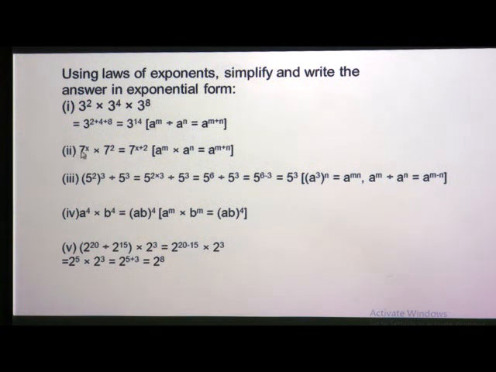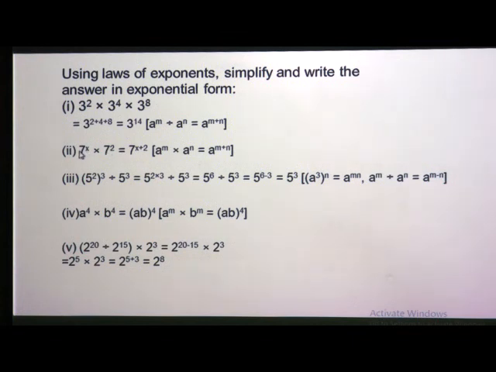Here we have another example, that is 7 raised to the power of x. It is a variable. Why have I taken x here? It may change, it may be any number, the variable may be different. So we have considered x, multiplied by 7 raised to the power of 2, or 7 square.